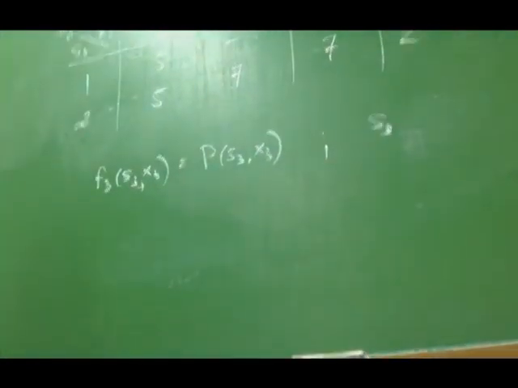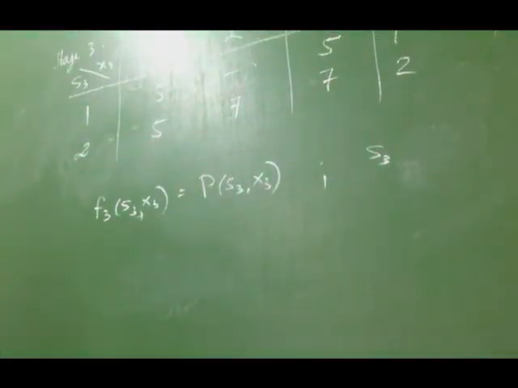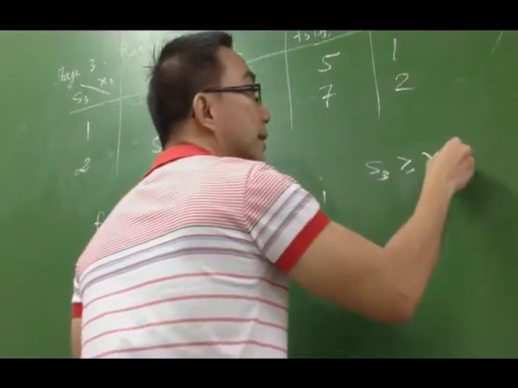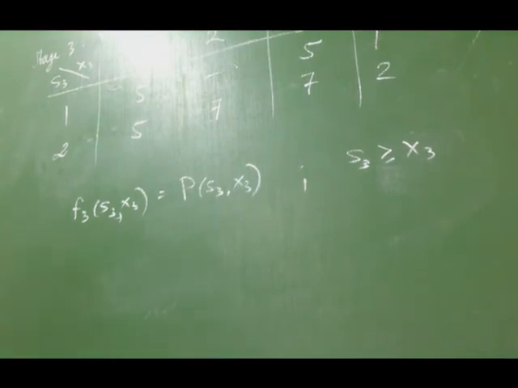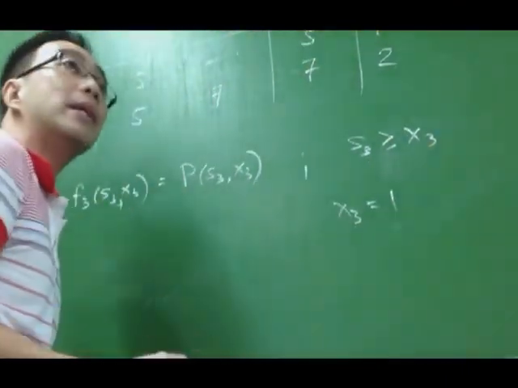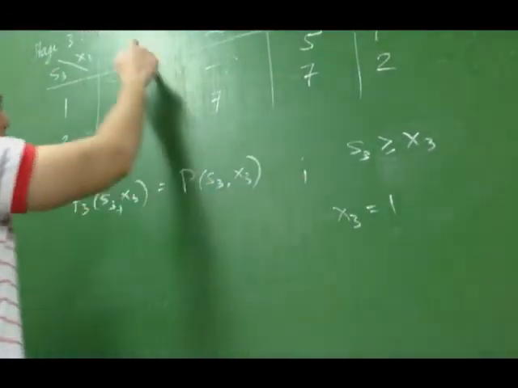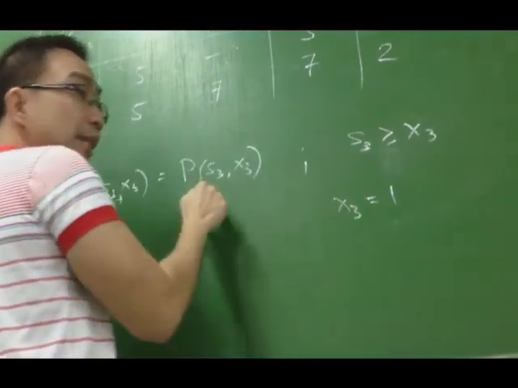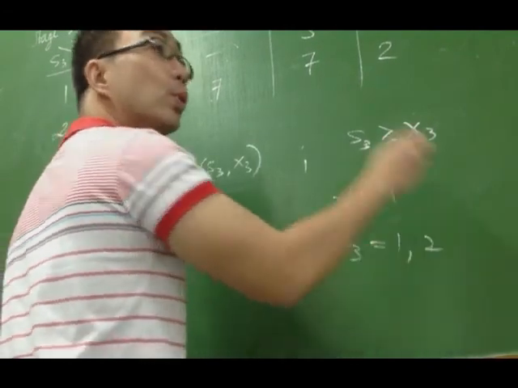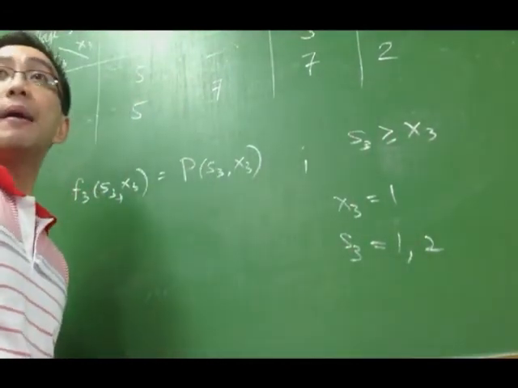S3 is greater than or equal to X3. Di ba? Bigyan natin. If X3 is 1, okay, kapag X3 daw is 1, so you must have this equation hold true for S3 equal to 1 and 2. Di ba?